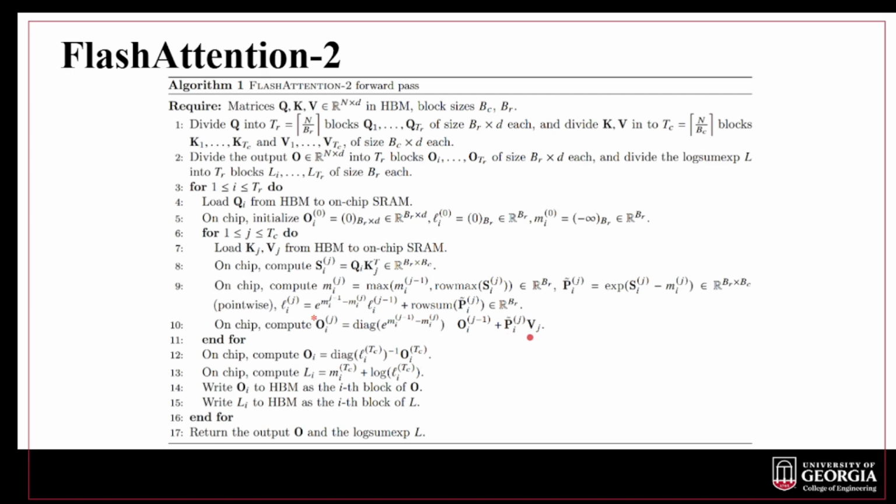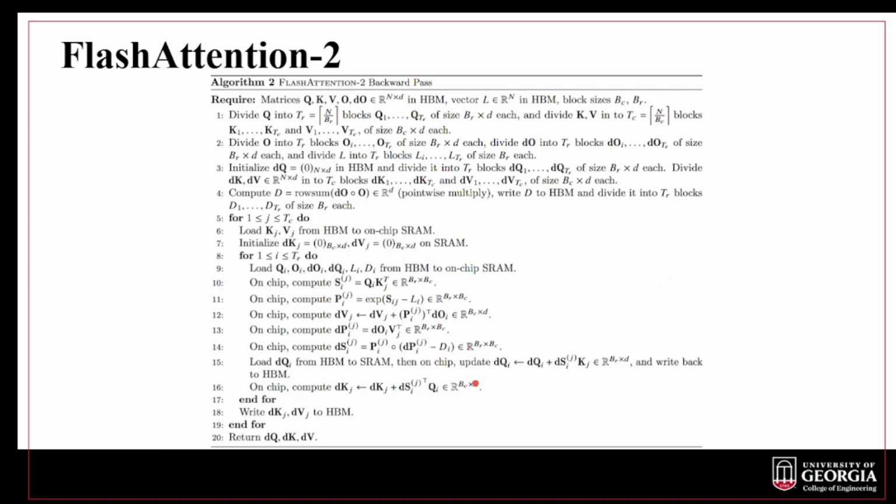However, here, instead of scaling O, we just save the unscaled O first, and apply scaling at the end of each loop. Finally, we store the O_i and log sum exponential.